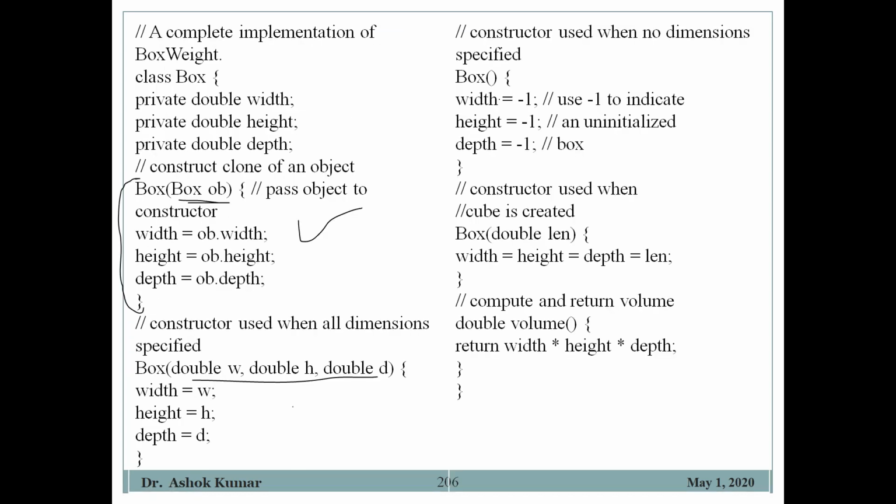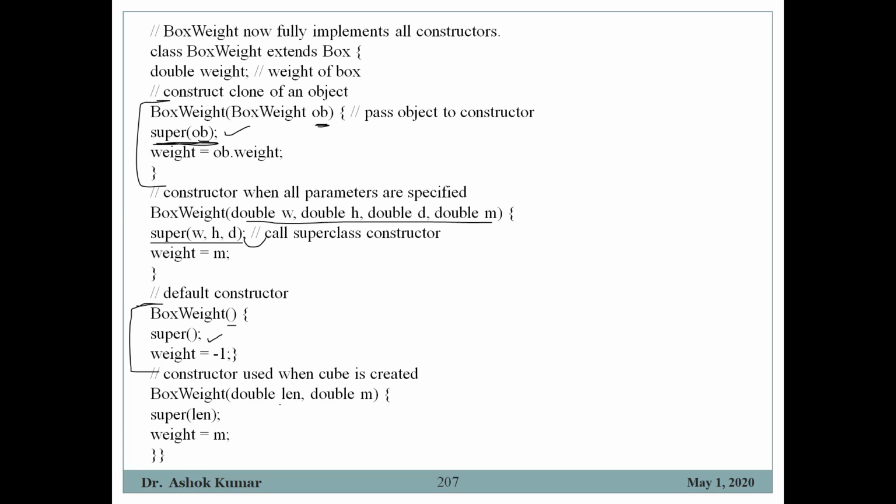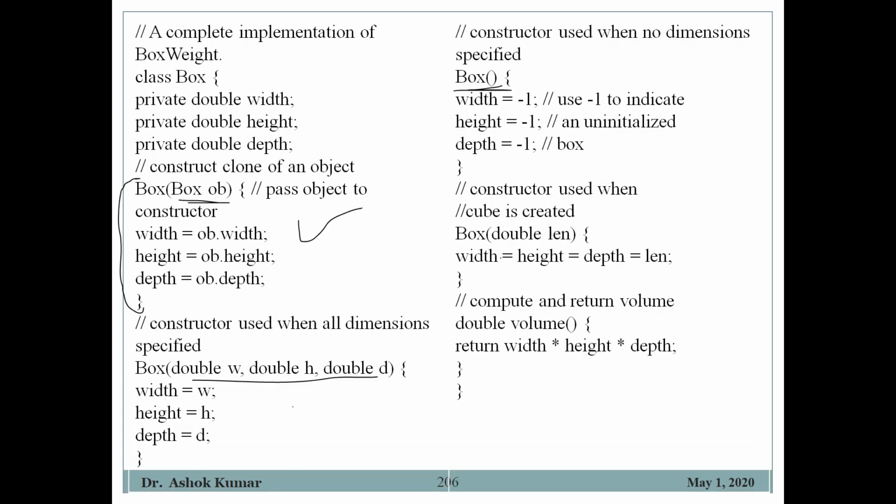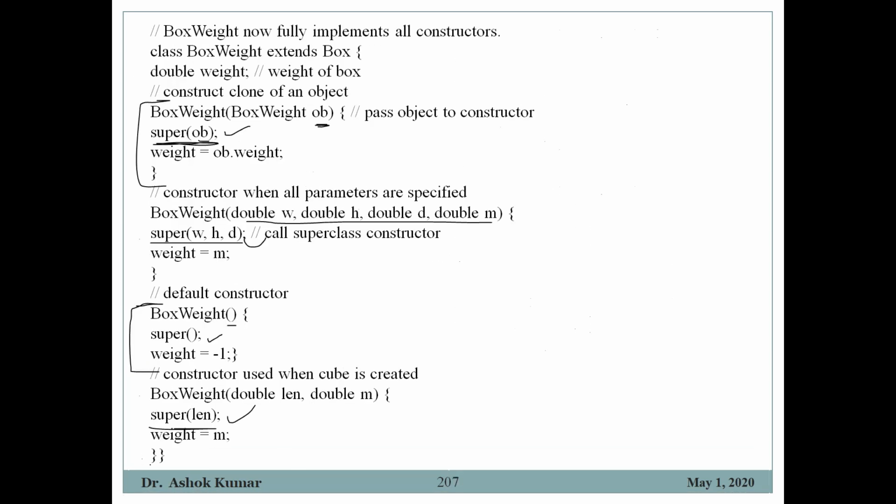So in the third case, this will get called. In the last one, there are 2 parameters, and with one parameter we are calling the superclass constructor. So this will call this constructor. So through every constructor of the subclass, we are calling the constructor of the superclass using the super keyword.